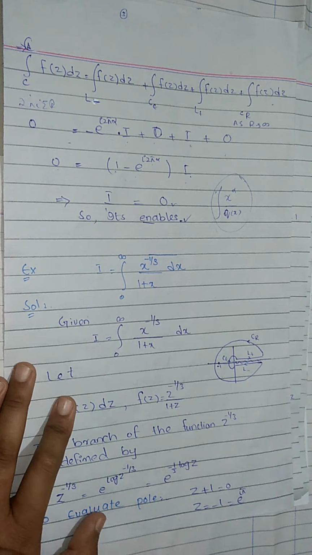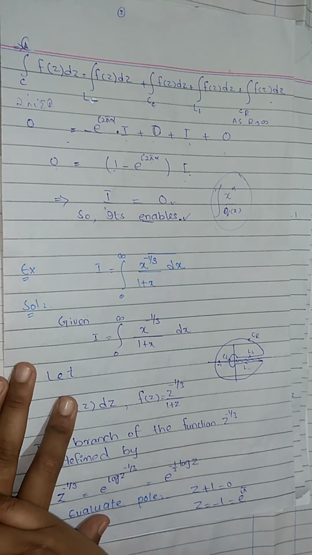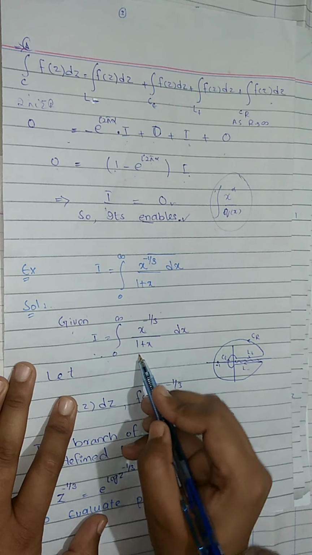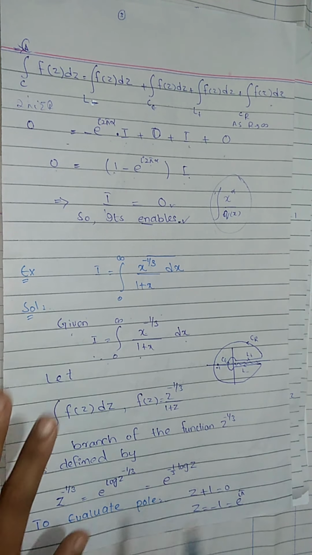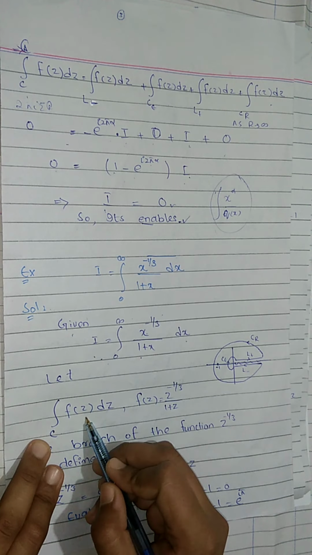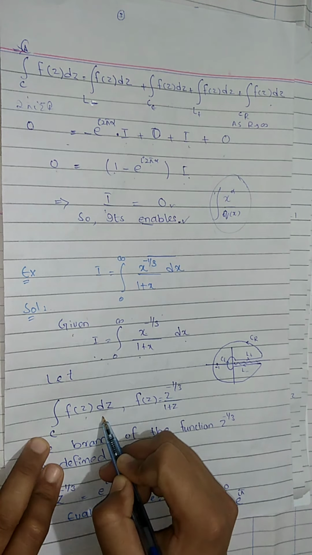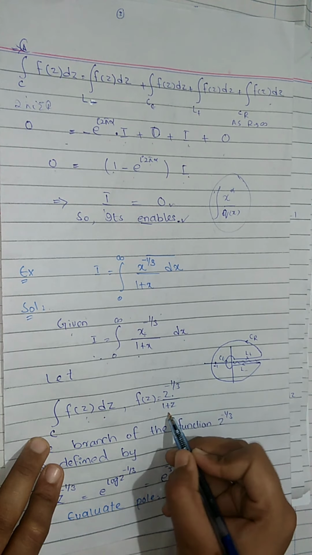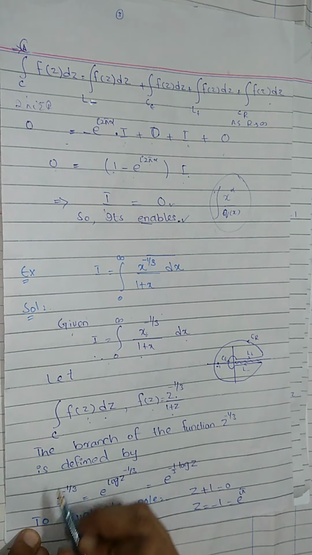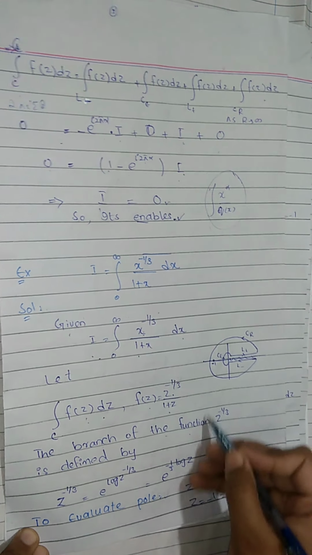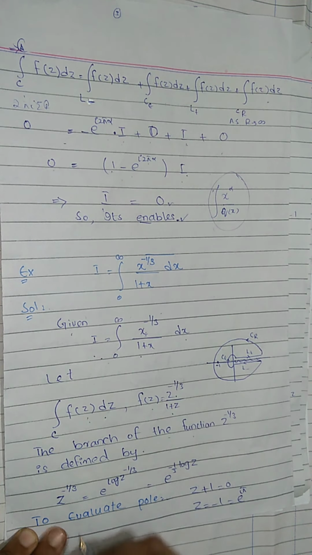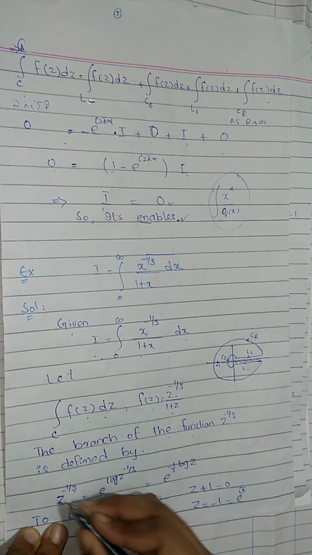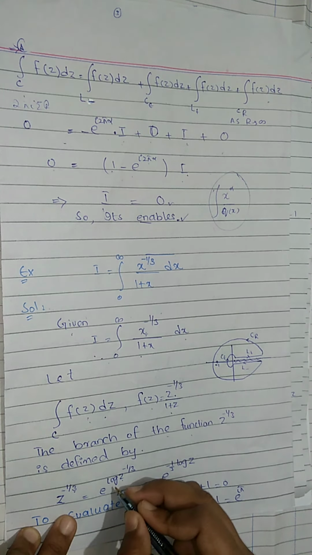Now I is equal to 0 over something, so we cannot find this integral by this method, because the integral is of the form x alpha over q of x. So we solve this type of question by using the branch cut.